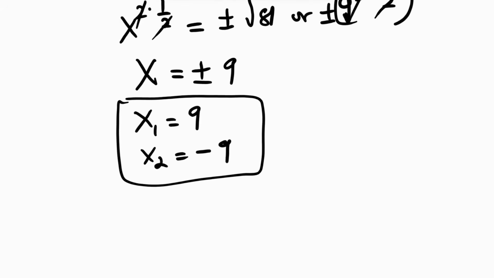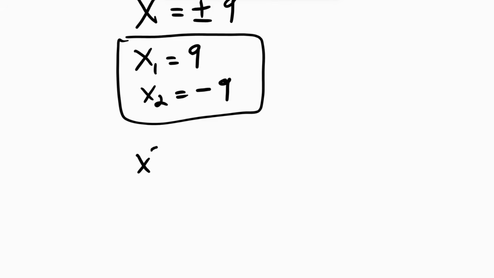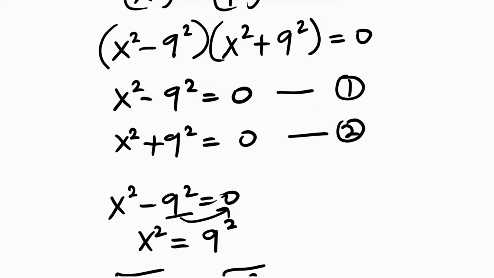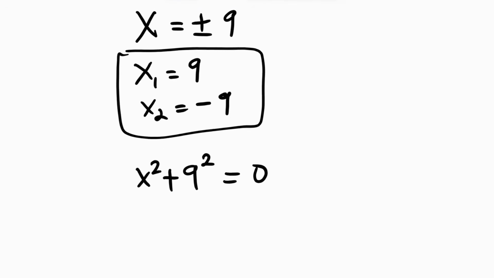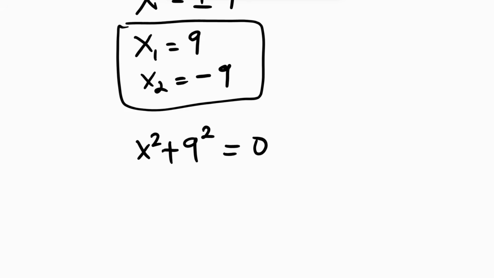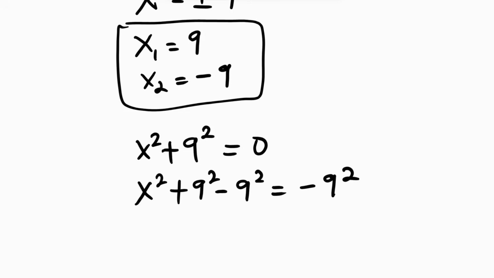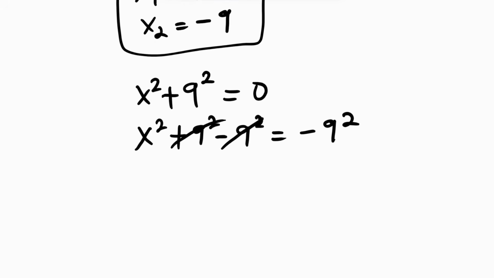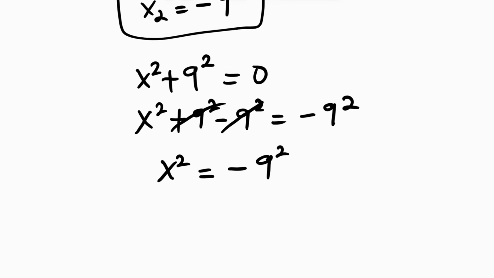So the second one, we have x squared plus 9 squared equals 0. Now we subtract 9 squared from both sides, and then we have x squared plus 9 squared minus 9 squared equals minus 9 squared. That cancels out. So we have x squared is equal to minus 9 squared.